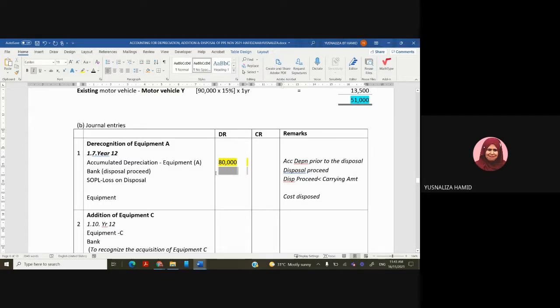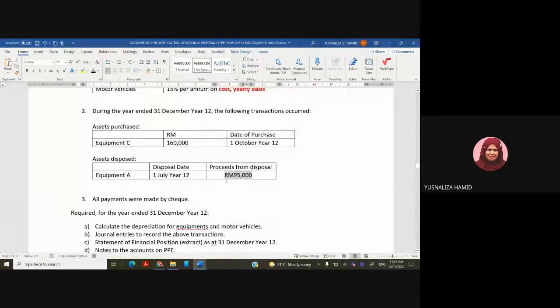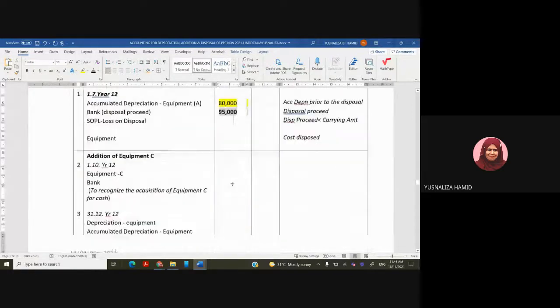For the disposal, this is the disposal proceed of equipment A, and that is 95,000 that you receive here. So that is the proceed. You will debit bank.